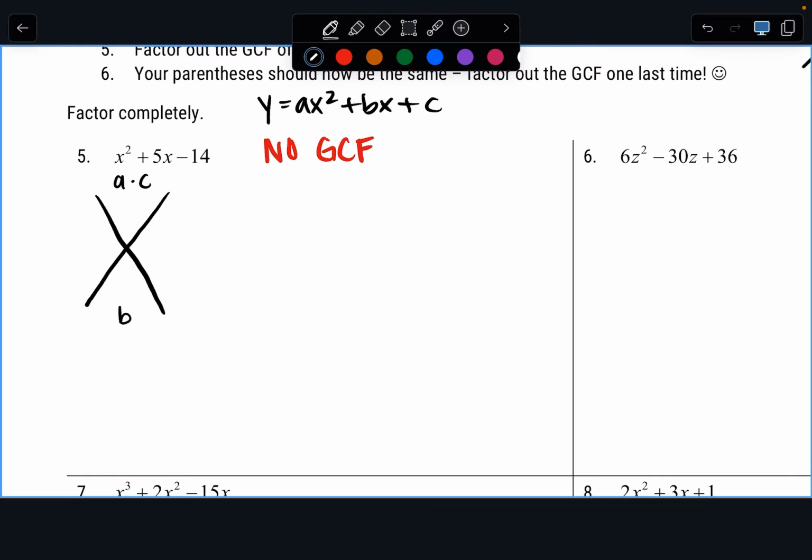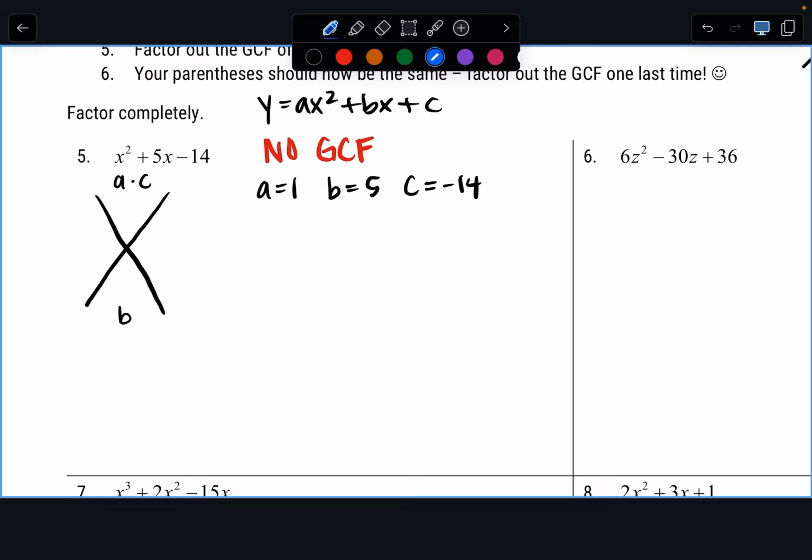So this is not something you have to identify every single time, but I'm going to at least come in and say from problem 5, A is equal to 1, B is equal to 5, and C is equal to negative 14. And I'm just pulling that from the question. So what is A times C?